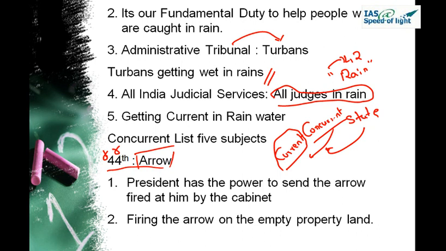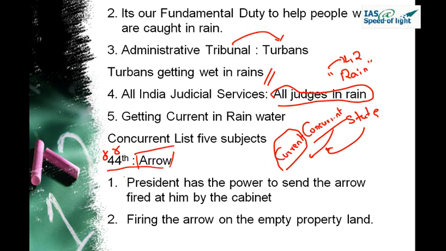First thing is, the President has the power to send back the arrow fired at him by the cabinet. Now you can imagine one picture, that cabinet ministers are firing arrows at the President. But the President has this power: he will deflect it back to the cabinet ministers.